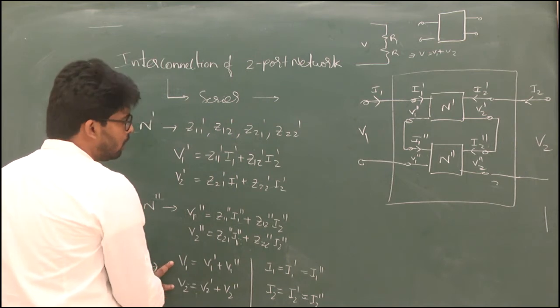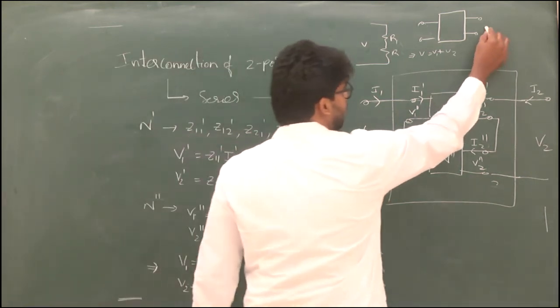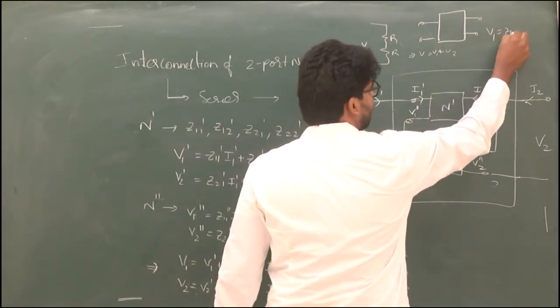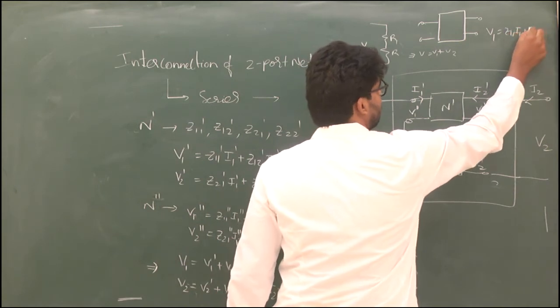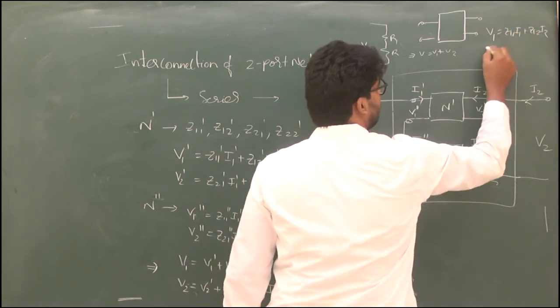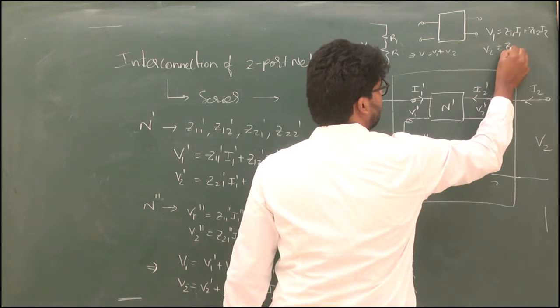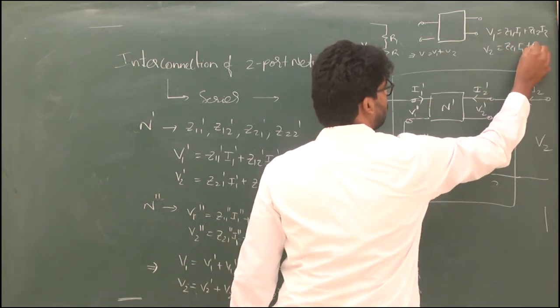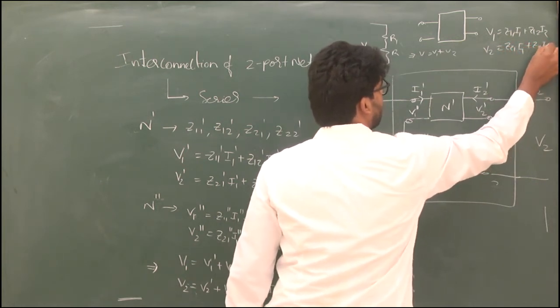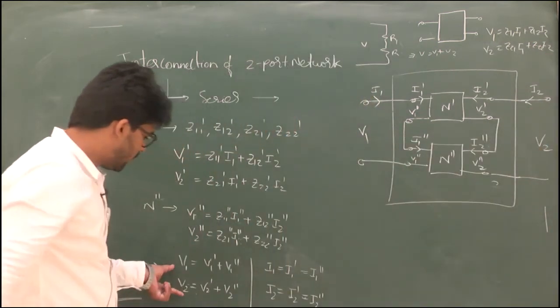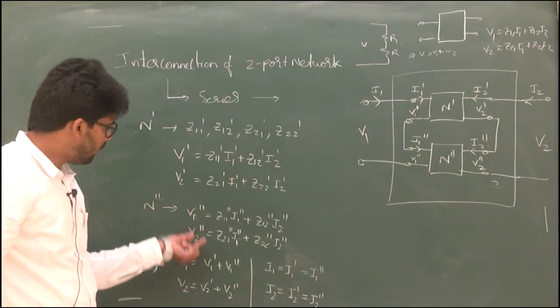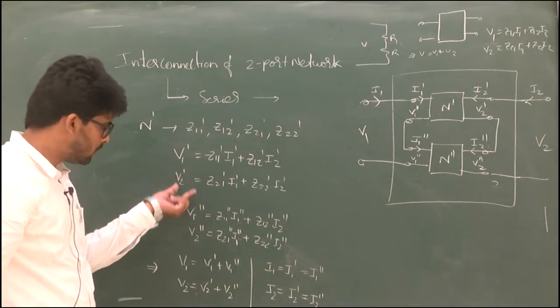Our two-port network in general gives the Z parameters: V1 equal to Z11 I1 plus Z12 I2, and V2 equal to Z21 I1 plus Z22 I2. So here we have V1 and V2, and again other two-port networks, each an individual network.